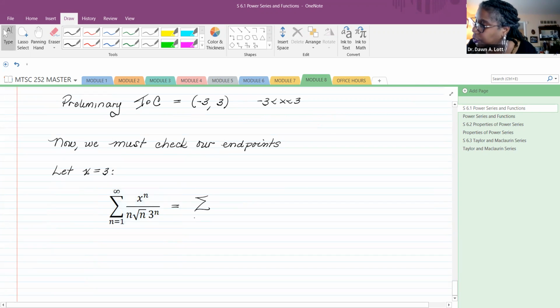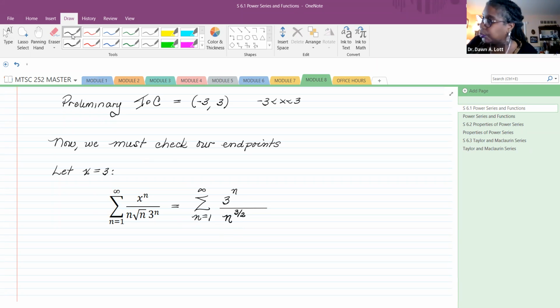So if x is equal to 3, the sum from n equals 1 to infinity, I'm going to get 3 to the n over n to the 3/2, times 3 to the n. And notice the 3 to the n's divide out. Wow, look at that.